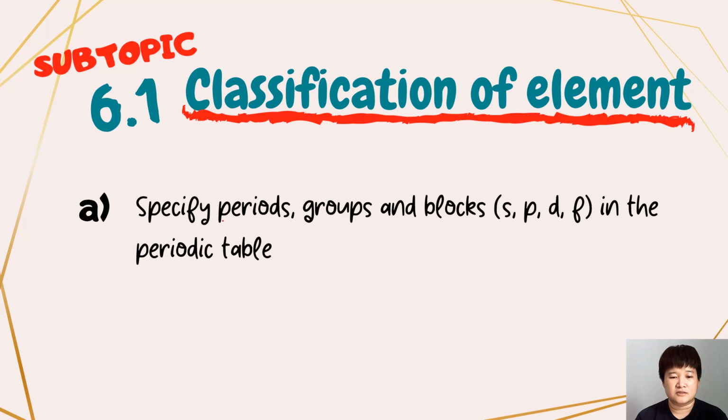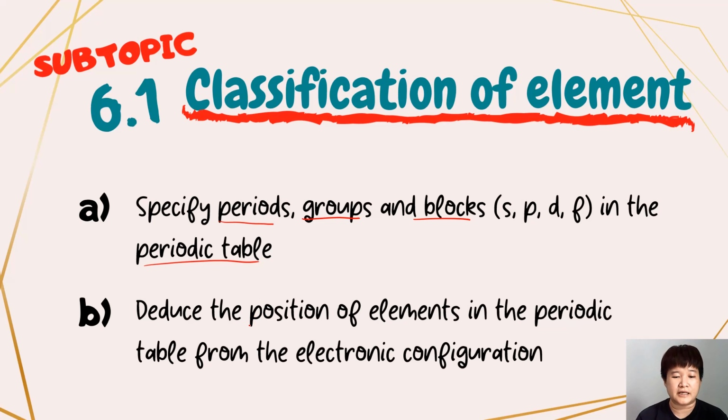The first one, we are going to identify and understand the position of period, groups, and block in the periodic table. Other than that, we will also predict or deduce the position of an element in the periodic table by using electronic configuration.